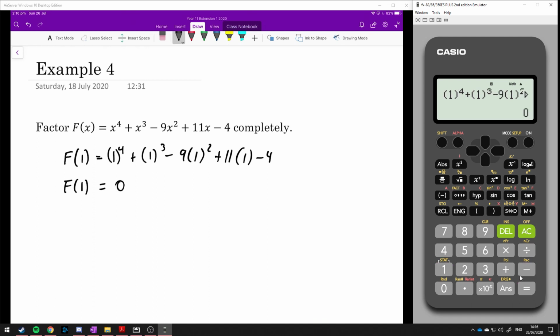So therefore, x minus 1 is a factor, or I should say x is equal to 1 is a zero.